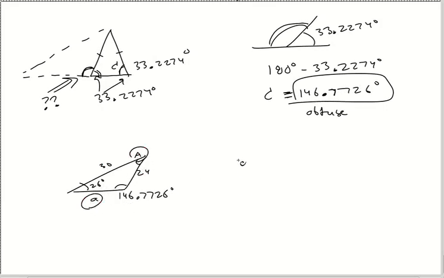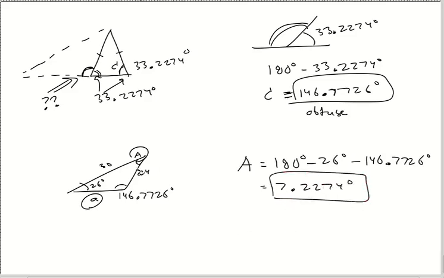How do I find big A? My angle A. Well, the 180 rule. A is equal to 180 minus my B, which is 26, minus my C, which is 146.7726. So I got 7.2274. Okay, cool. So that's a small little angle up there. So we got our answers there.